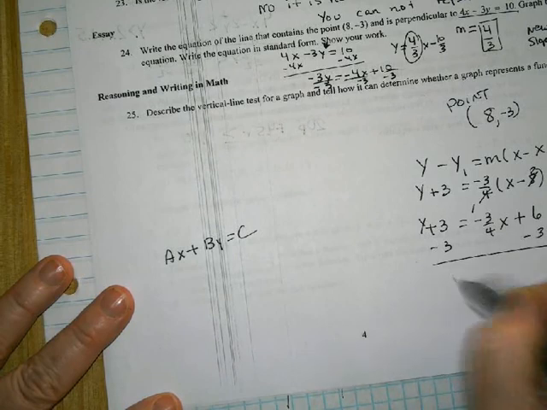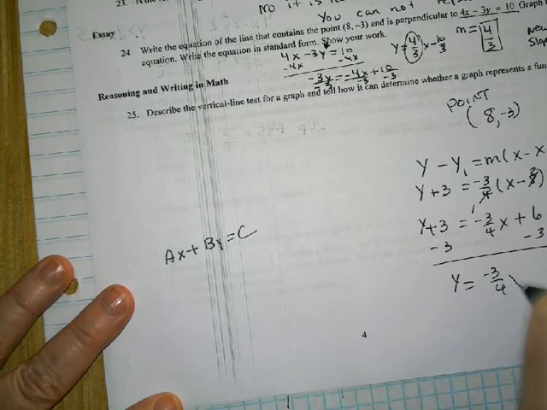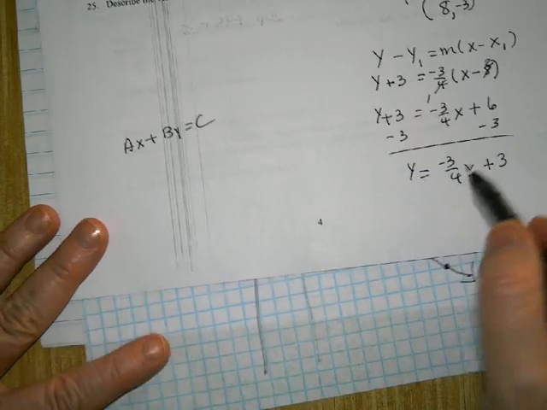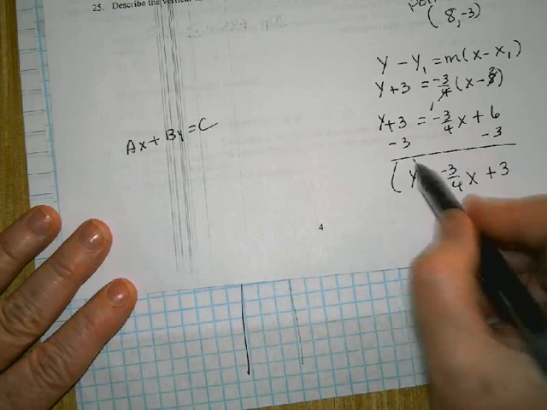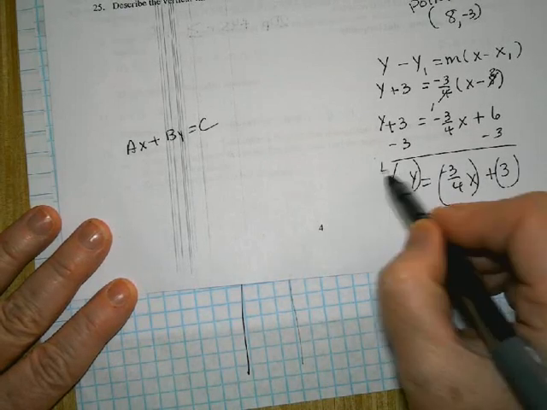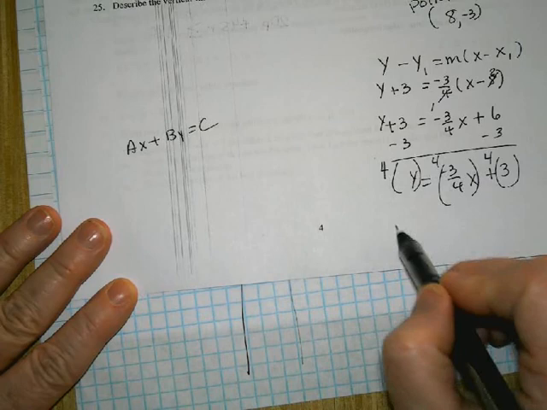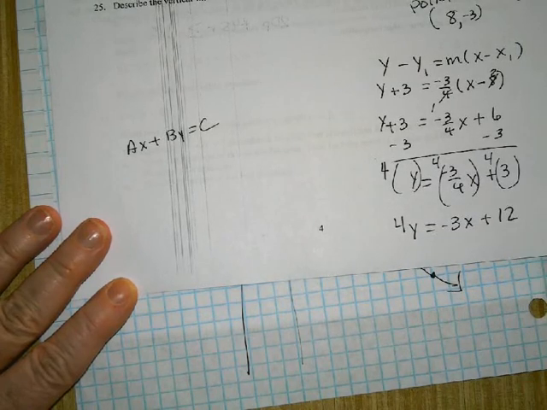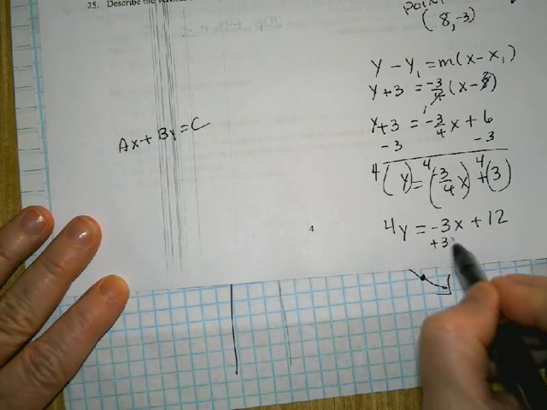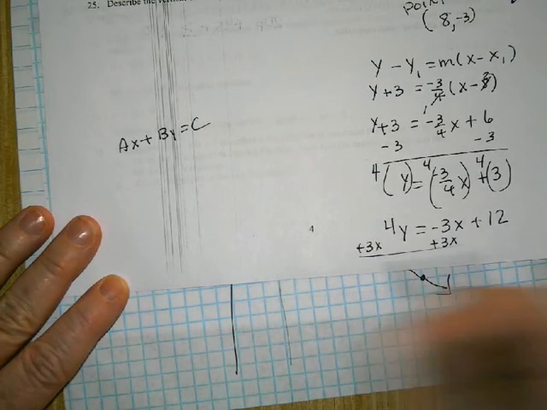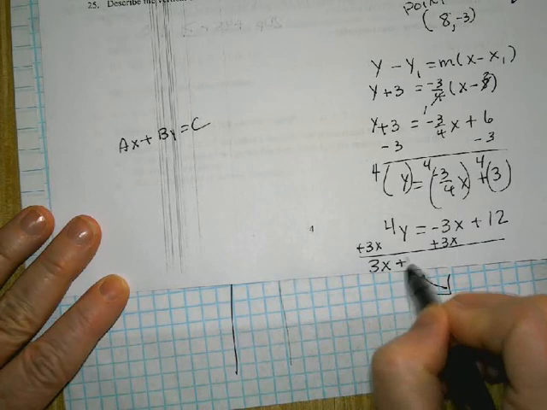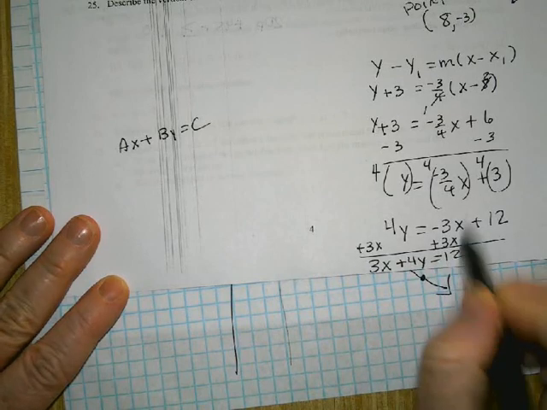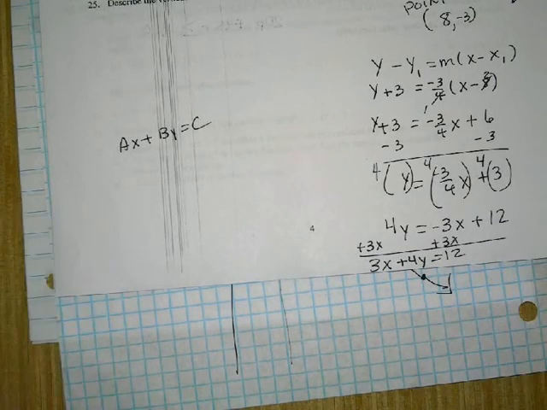Well, the standard form won't have any fractions in it. So what do you do to get rid of the fractions? Multiply by 4. So 4y equals negative 3x plus 12. Then what do you have to do? So finally I get 3x plus 4y is 12. That's your final answer.